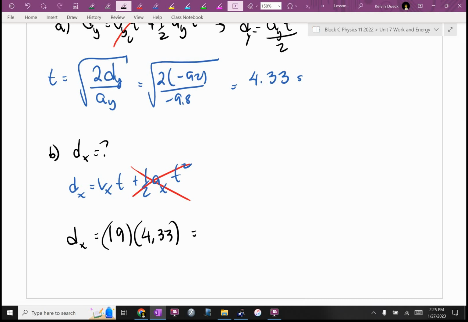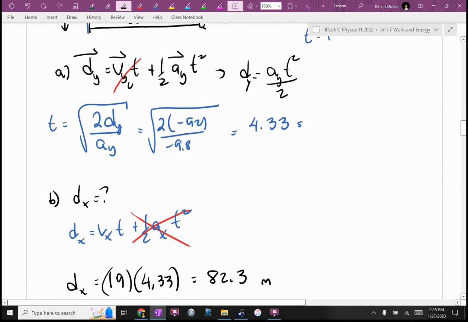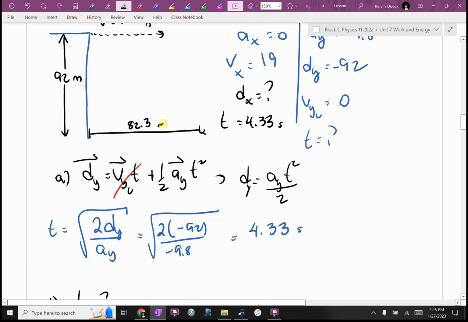If I go to 3 sig figs. Units, meters. So what we're saying, by the way, is where it hits right there, it's 82 point 3 meters. Okay. Moving a little furniture, are they?